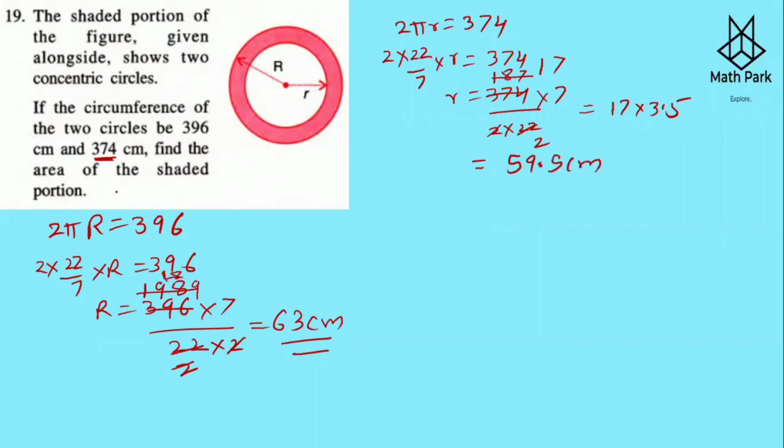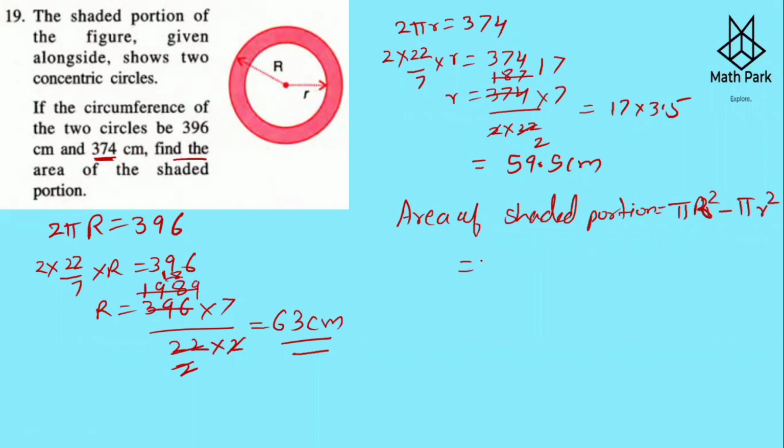Now you are asked to find the area of the shaded portion. Area of shaded portion is equal to area of outer circle, that is pi R square, minus this small r square.